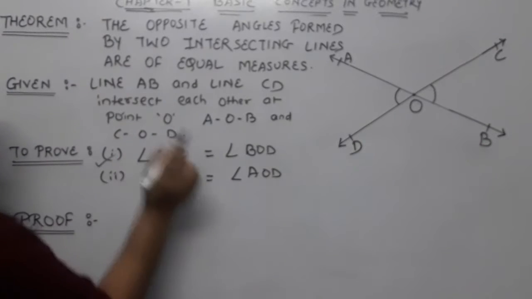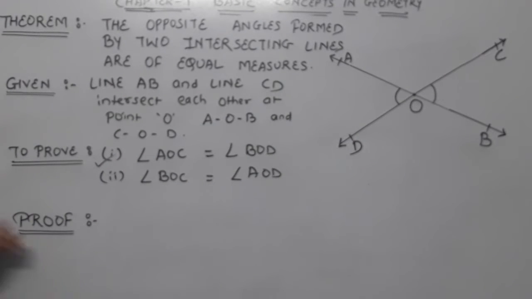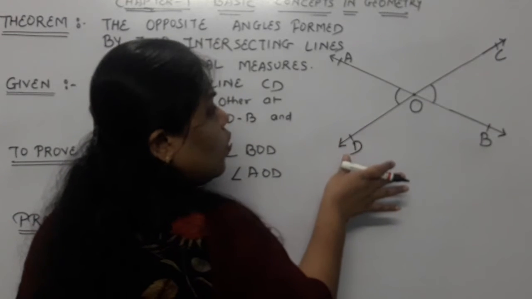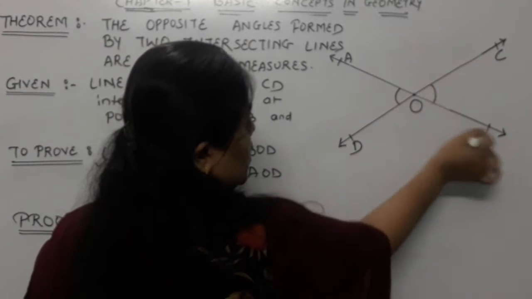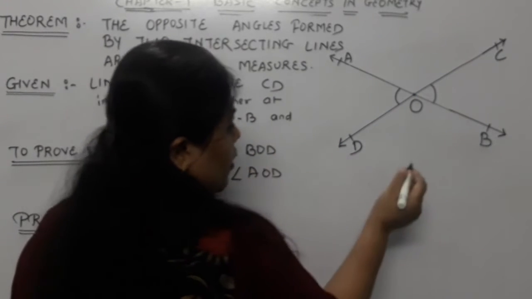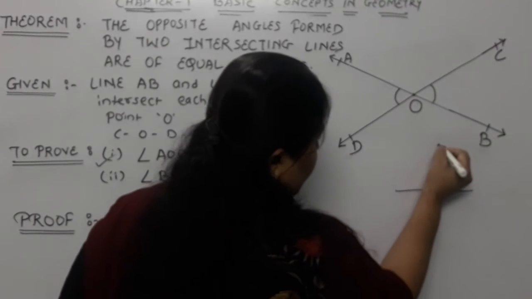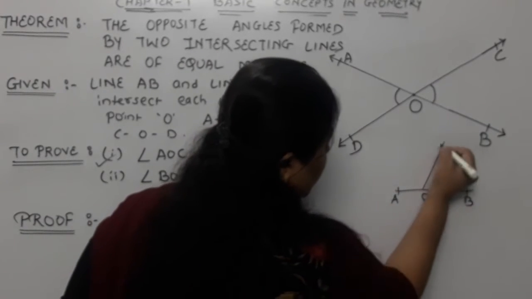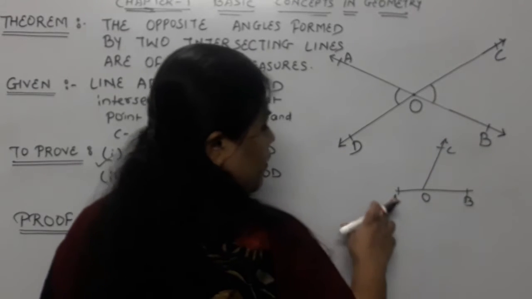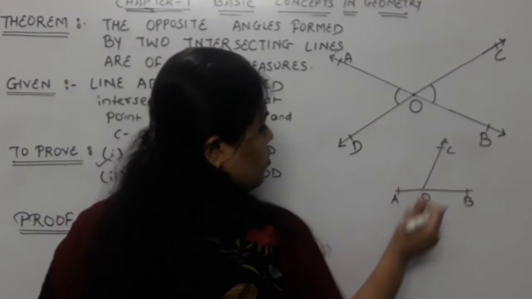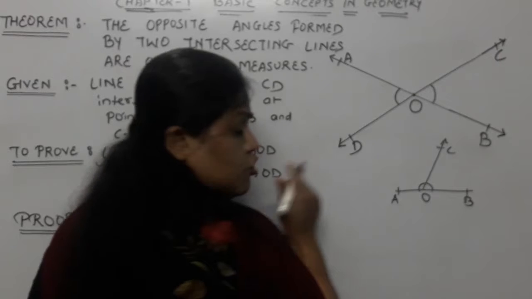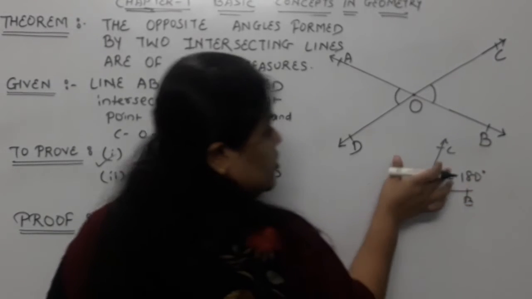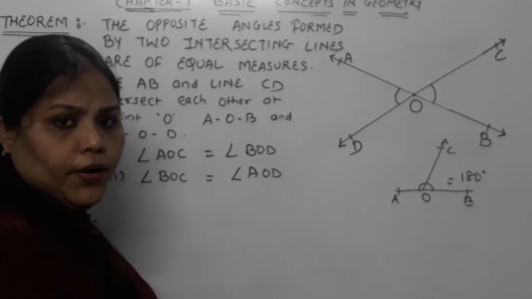So we'll start with our first proof. Okay, how to prove this? Now here in this whole figure, I'll take this part AOC and BOC first. If I take AOC plus BOC, when we add these two angles, it is equal to 180 degrees because the angles form a linear pair.